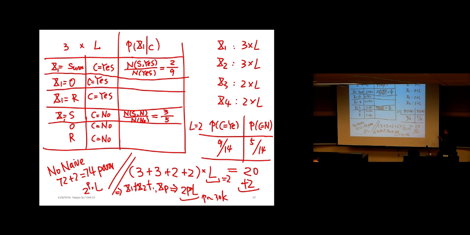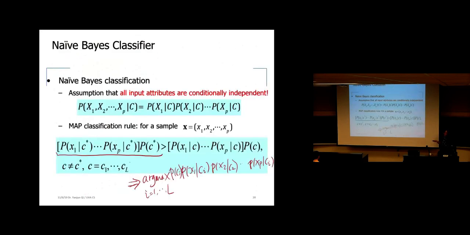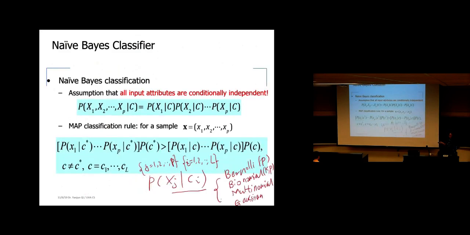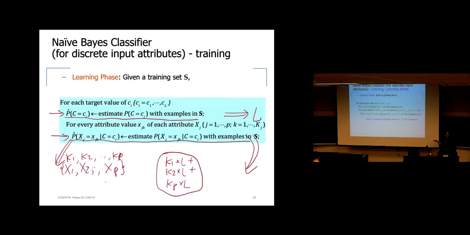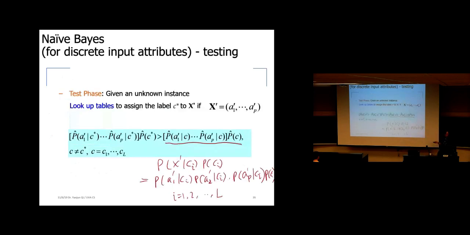All right, so this is the key, the whole thing about the naive Bayes classifier. Lookup table. I already talked about it, and you can do Bernoulli, binomial. This is a more generic case, assuming the first feature has K1 possibilities, K2 possibilities, up to KP. It's really a summation of K1 to KP times L. And then during the testing phase, what do you do?